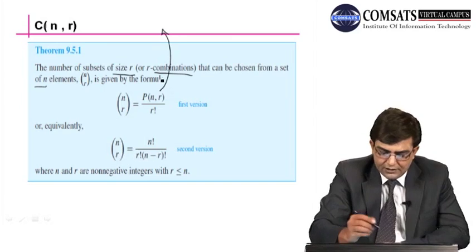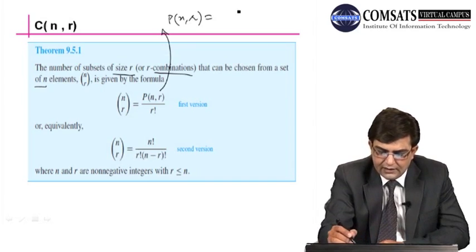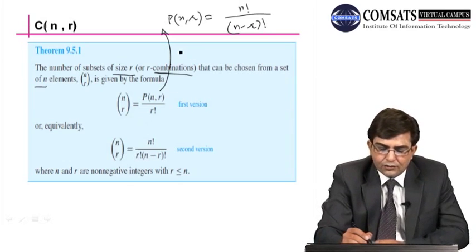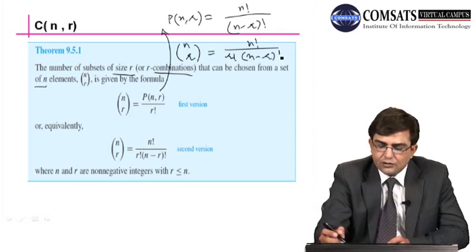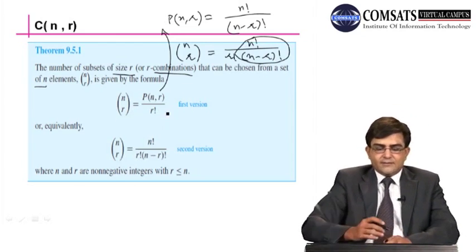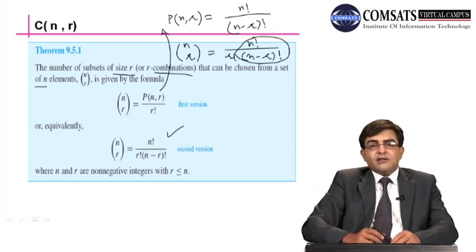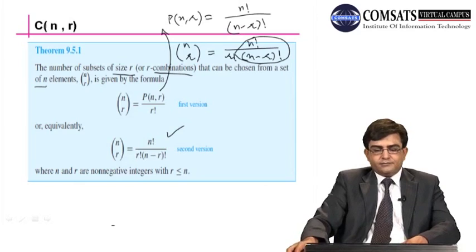As you know, P(n,r) is n factorial over (n minus r) factorial. And you know that n choose r is n factorial over r factorial into (n minus r) factorial. So this is basically P(n,r) divided by r factorial, or equivalently this. This is the relationship between permutations and combinations, and this is how we can derive the formula for combination using permutations.